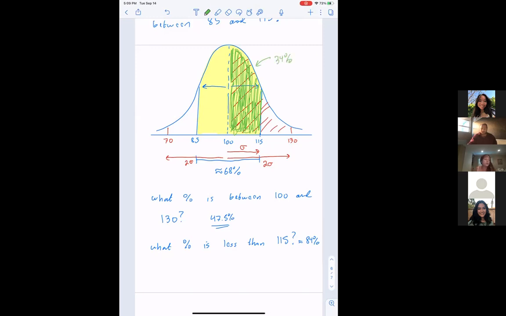Now, the left half of the curve is exactly how much? 50%. It's exactly half. So between them, I get how much? 84%.